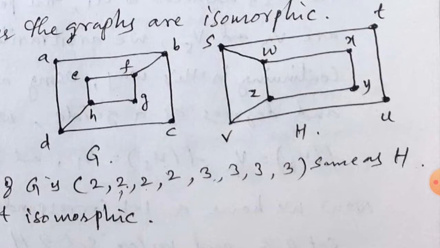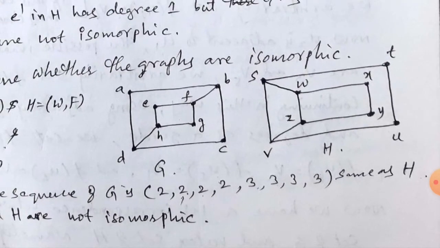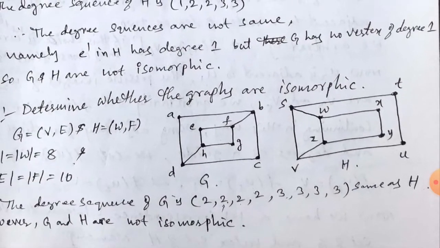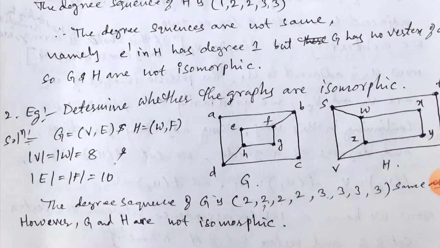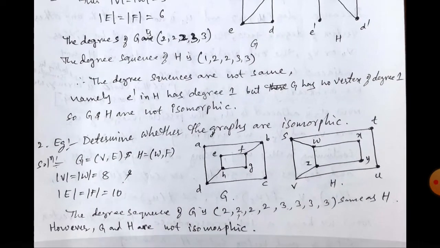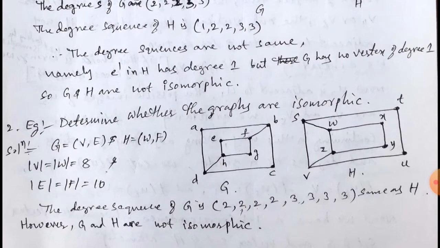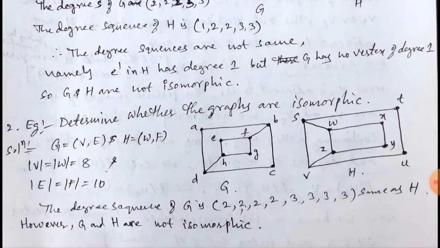So this is the degree sequence in ascending order, and it is the same for H. For H also the degree sequence is the same. However, the degree sequences are the same, but G and H are not isomorphic.